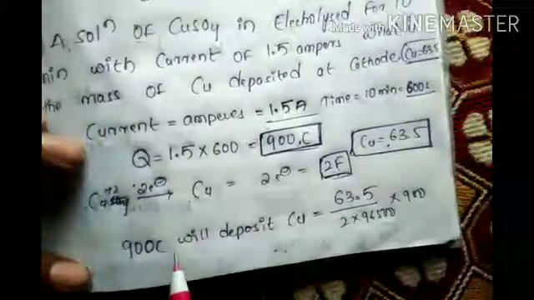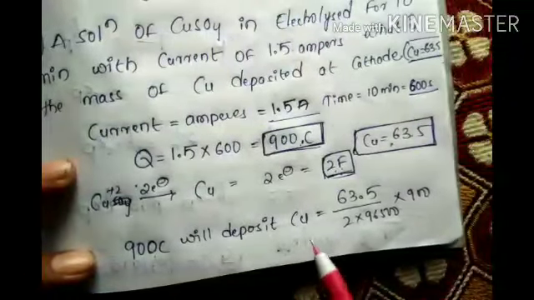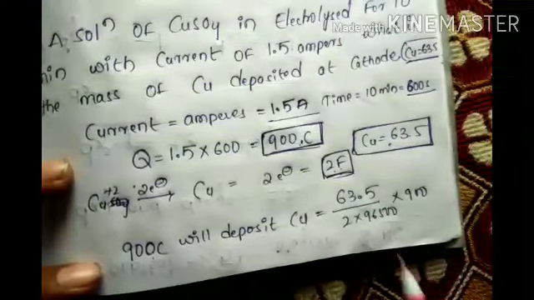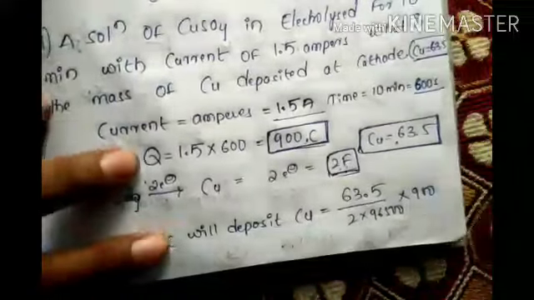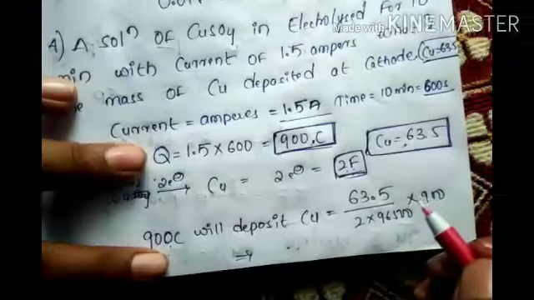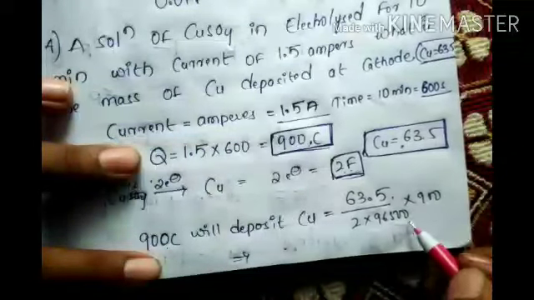Got it? 900 coulombs will deposit copper 63.5 by 2 into F, the F value taken, into 900. What is the unit? How many grams are coming? Because look here, it is grams per mole, coulombs.